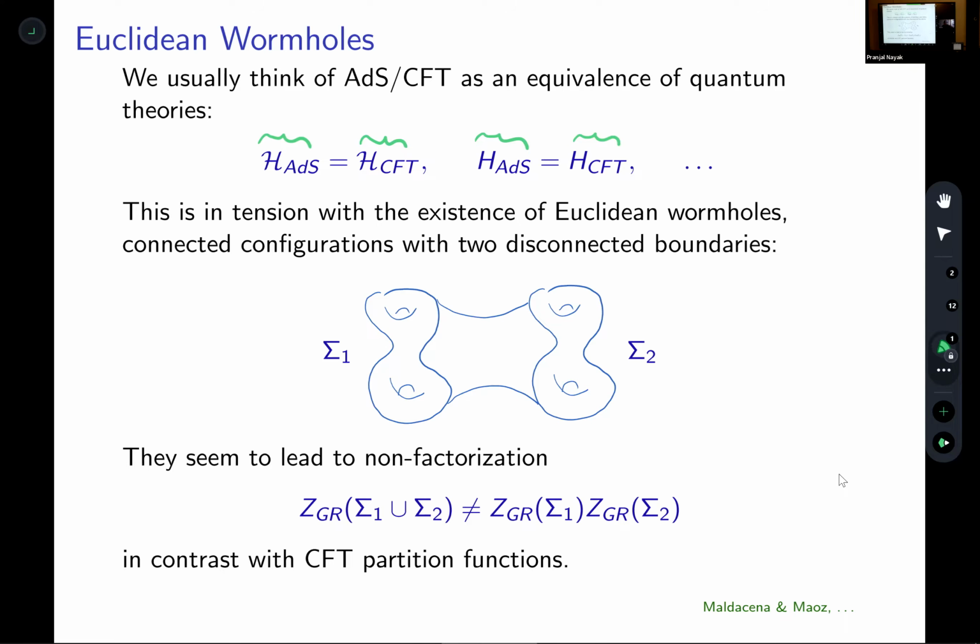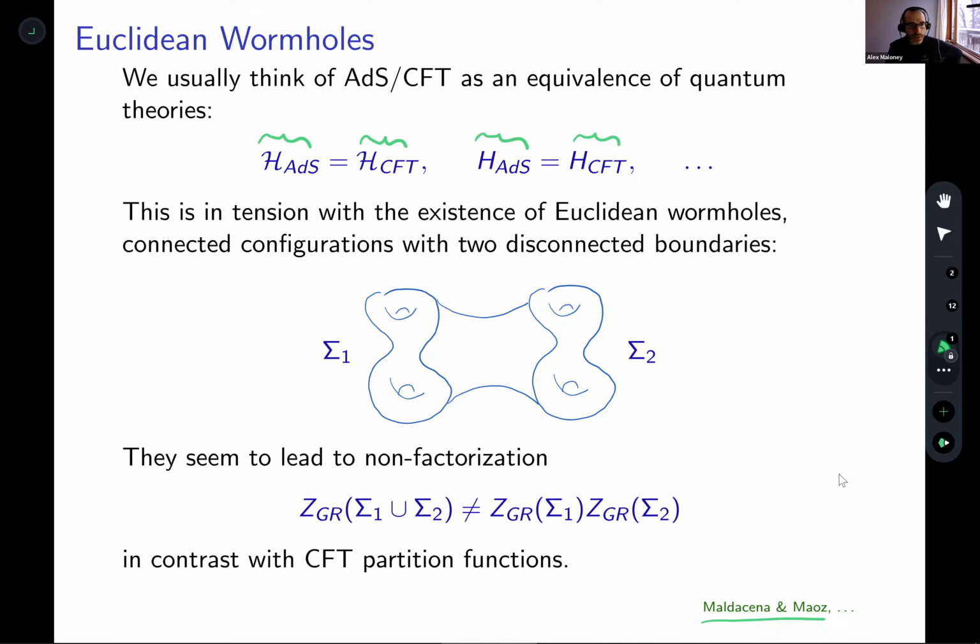But it was observed, and I at least learned about this first from a very nice paper of Maldacena and Maoz, which came out in around 2005 or so. It was observed that this correspondence is really in quite a bit of tension with the existence of a certain class of solutions of general relativity or of theories of gravity in Euclidean signature, which are known as Euclidean wormholes.